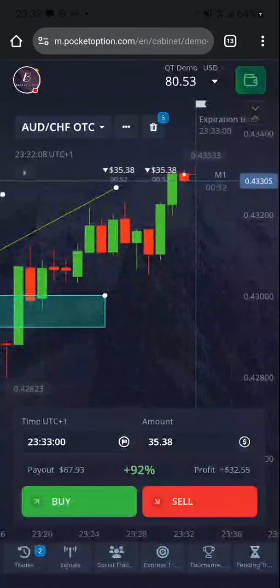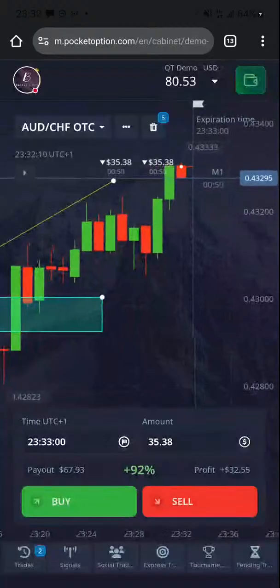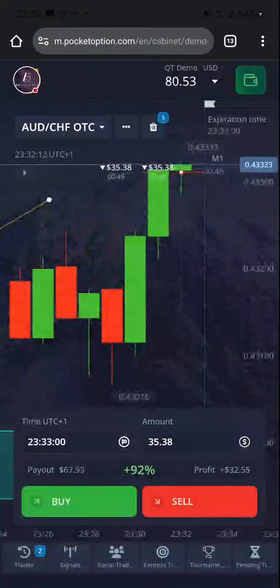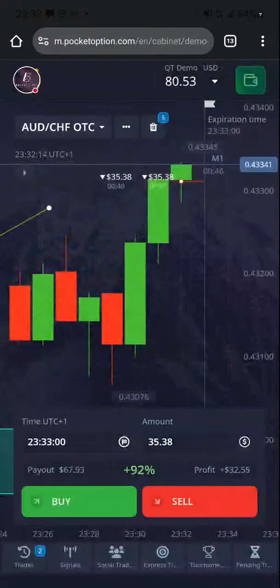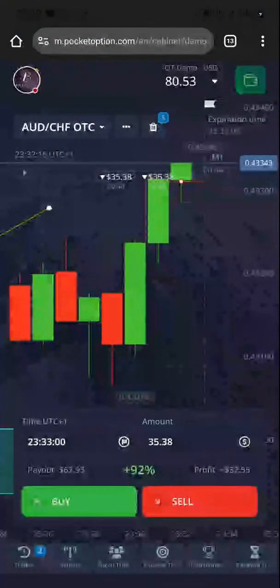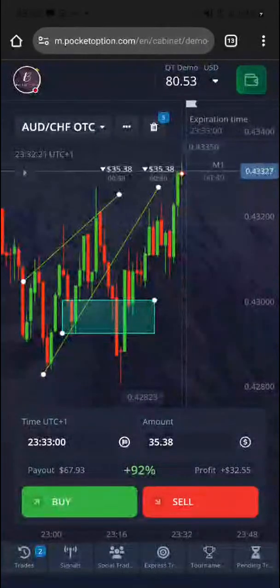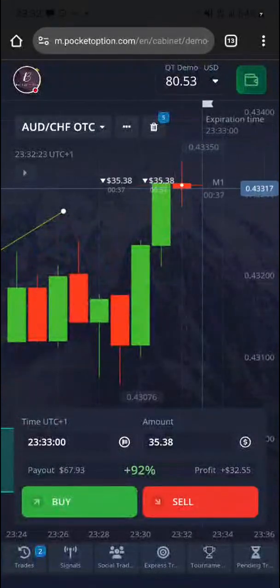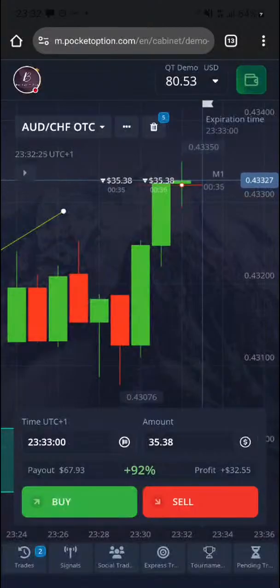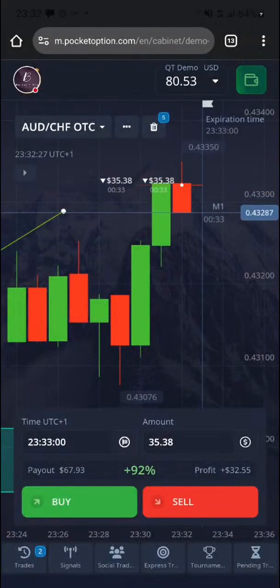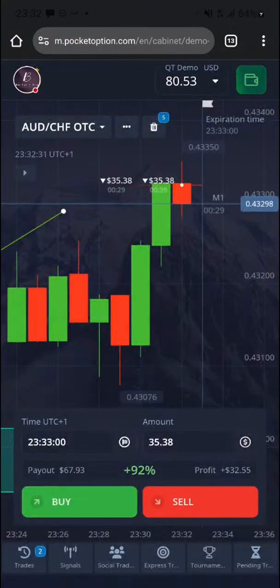Let's see how that goes. I'm expecting that red candle. We should have a red candle. There are sellers there. I don't expect those sellers to be overwhelmed yet, because price just got there.